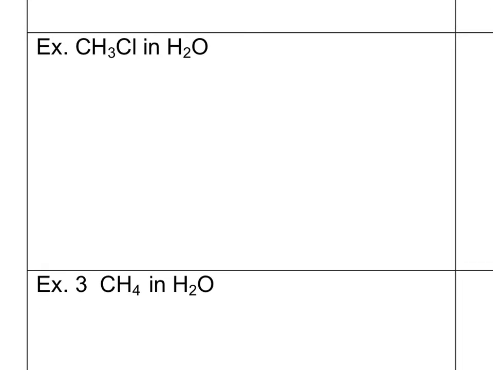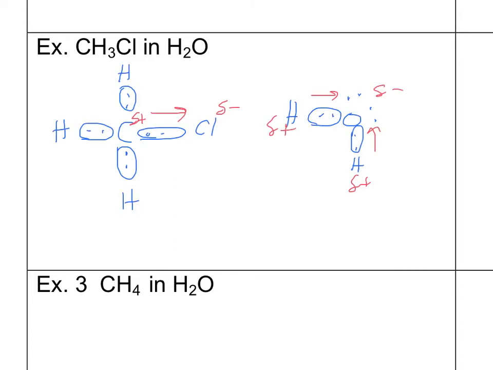The first example asks us the question, does CH3Cl dissolve in water? The first step is to draw each of these compounds. Here are the diagrams for both molecules. CH3Cl contains a polar C-Cl bond.